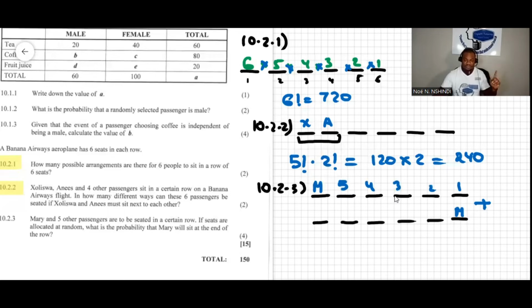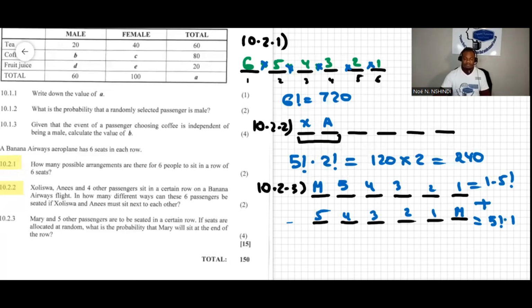Because she is already fixed, it is 1 times 5 factorial. Over here also, Mary is at the end, so this is 5, 4, 3, 2, 1, because her place is already booked. So 5 factorial times 1.